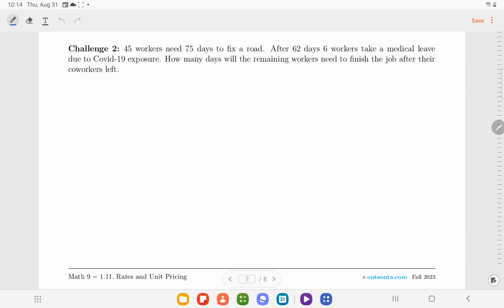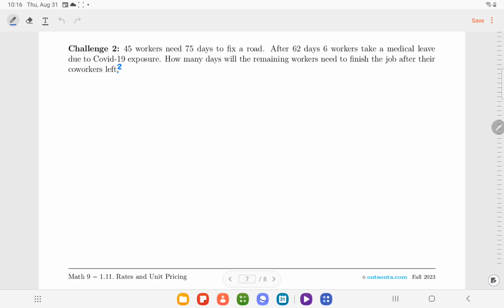Next is a challenge question. Similar questions sometimes show up in different competitions, so let's see if we can figure it out. We have 45 workers who need 75 days to fix a road. After 62 days, 6 workers take a medical leave due to COVID exposure. How many days will the remaining workers need to finish the job after their co-workers left?